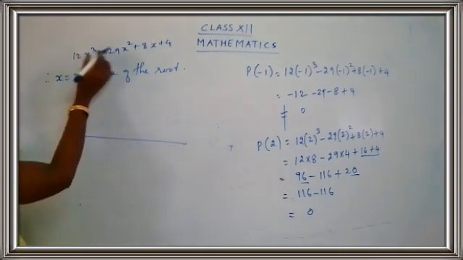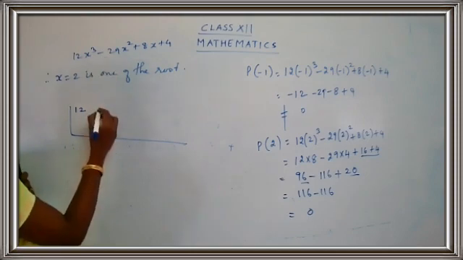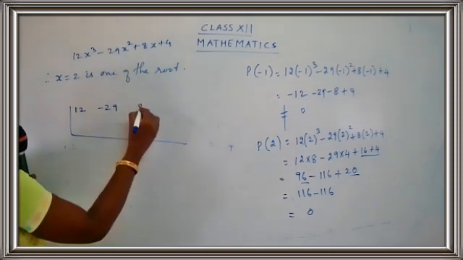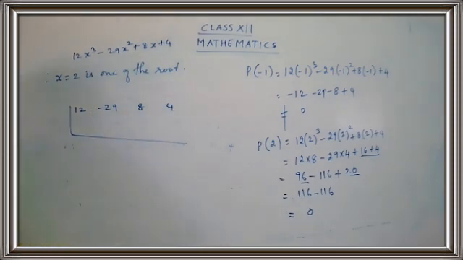So write down the coefficients 12, minus 29, 8, 4. I hope you remember the synthetic division method. Put the root over here. Take the root as 2.